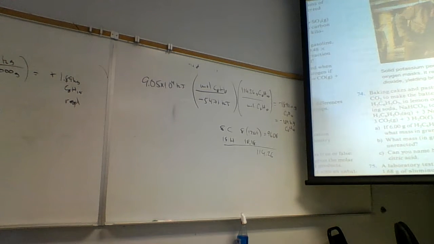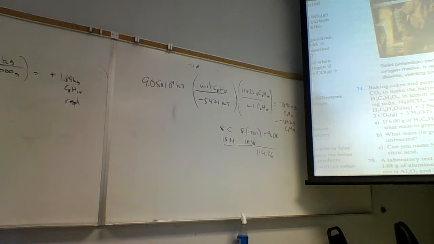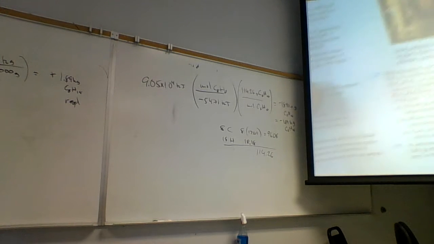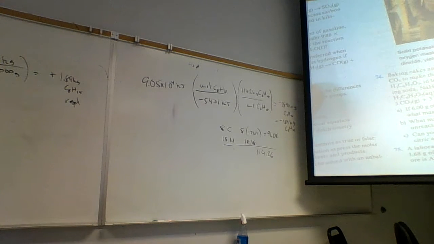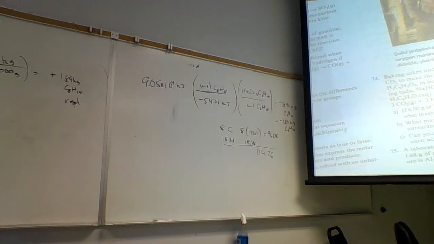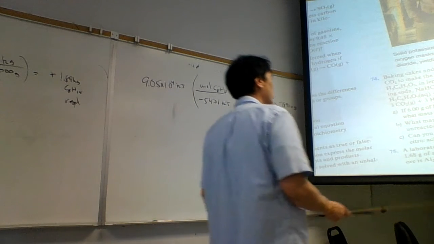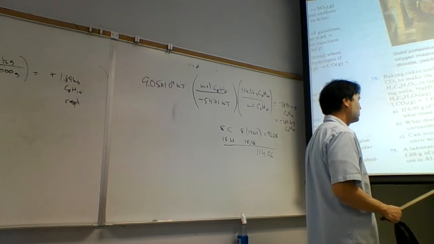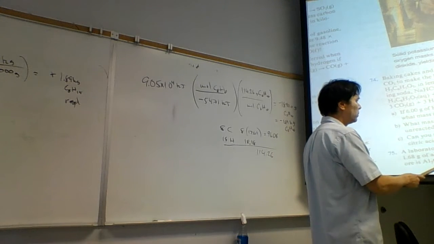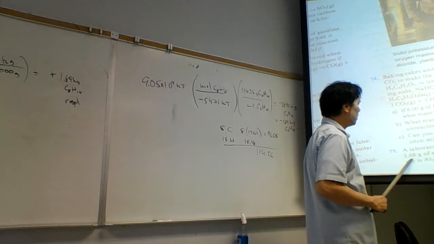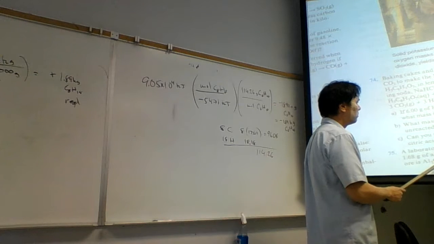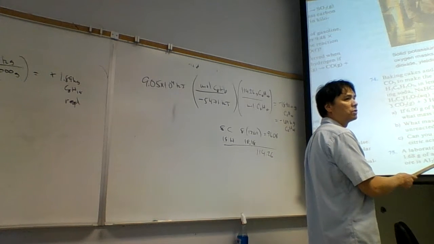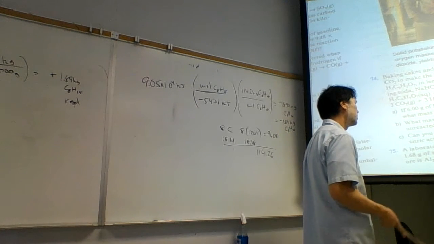Baking cakes and pastries. Actually, we looked at 74, didn't we? A laboratory test of 12.8 grams of aluminum ore yields 1.68 grams of aluminum. So in other words, they're extracting the aluminum from the aluminum ore. And so they only got 1.68 grams of pure aluminum from 12.8 grams of this mixture. This is a mixture problem.